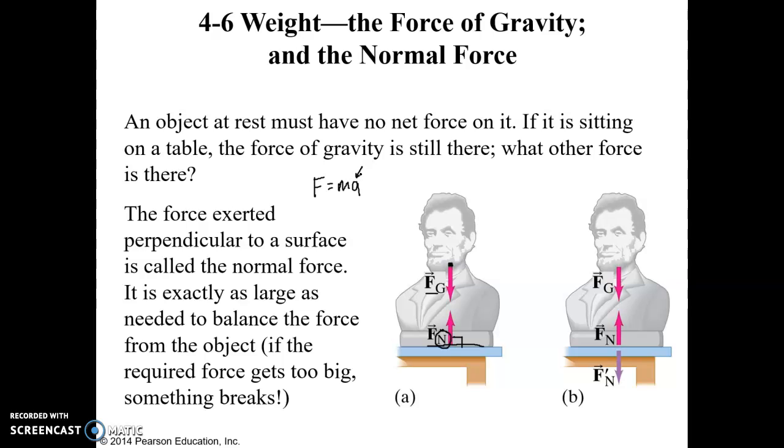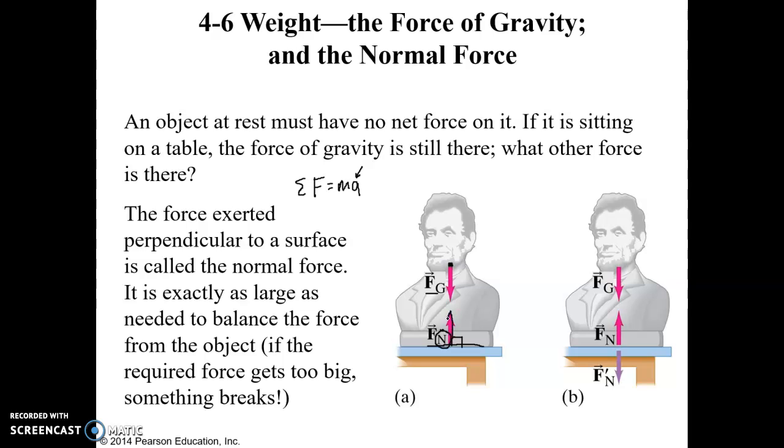There would be some non-zero acceleration here if the sum of forces was not zero. So that means that this would be basically breaking the table, falling, and accelerating in the absence of this normal force.